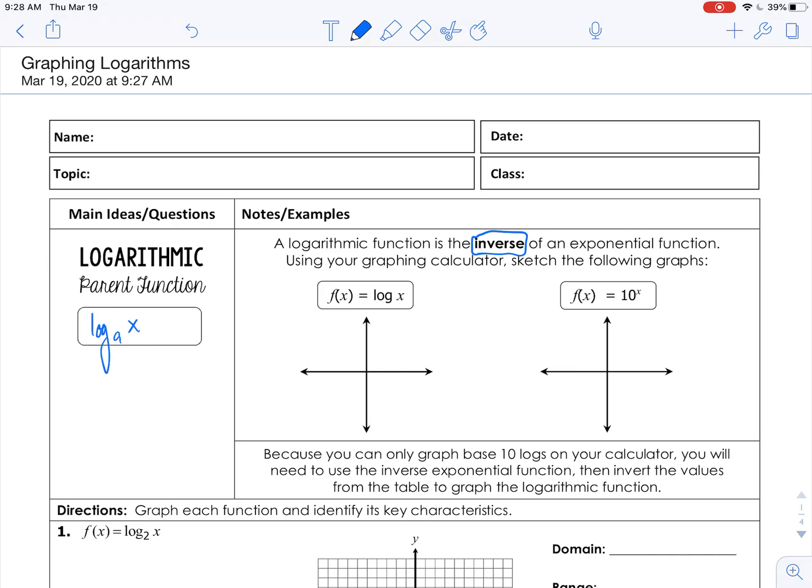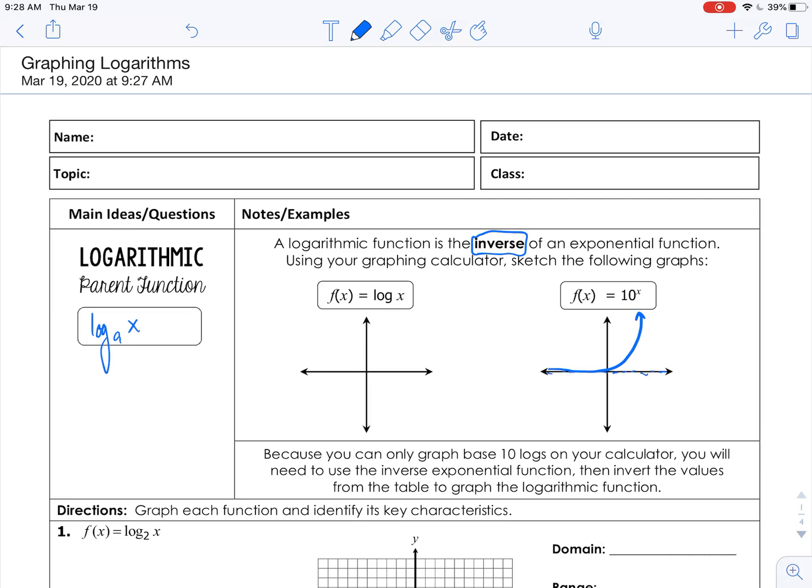So let me get my graphing calculator out here. And if we remember, our graph of 10 to the x looks something like that.